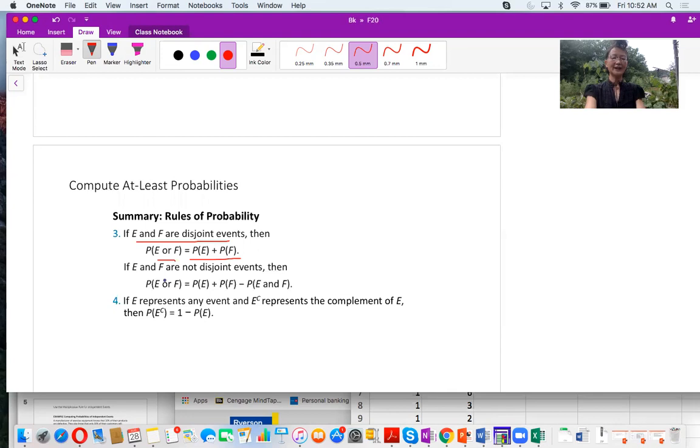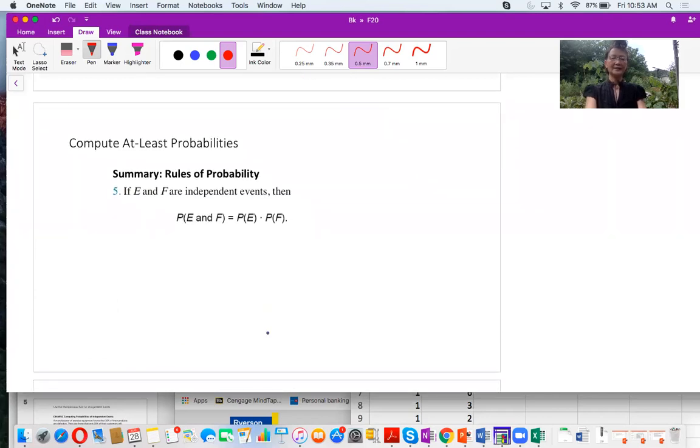If two events are not disjoint, the general formula is this one: the probability of E or F equals the probability of E plus the probability of F minus the probability of E and F. We call those two formulas the addition rule. And then we have the complement event. The probability of a complement event equals 1 minus the probability of the event.